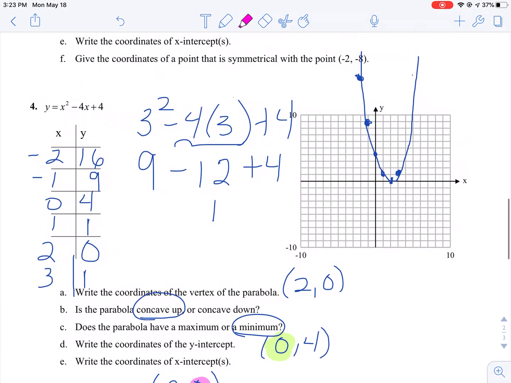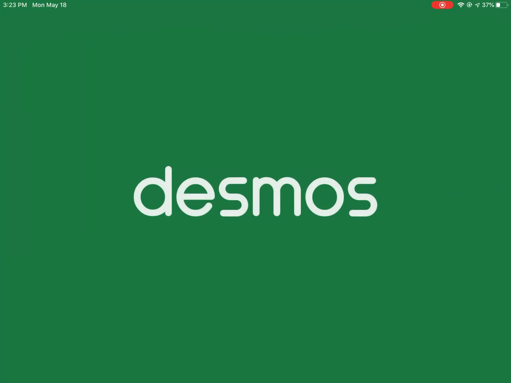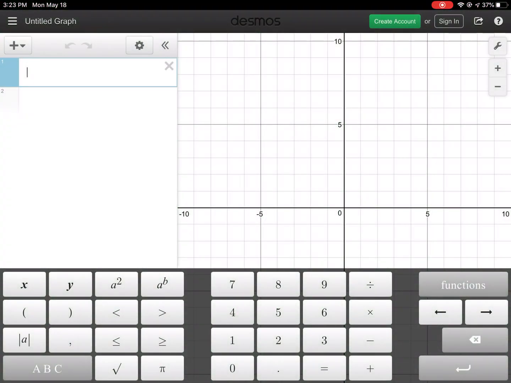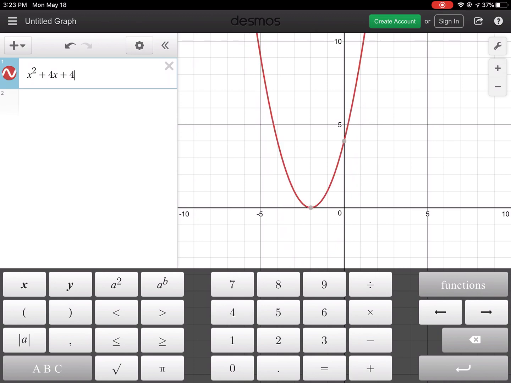Now, if this is all a little overwhelming, doing this on your own, type this into Desmos and get your table that way. So if I go over to Desmos, it's x squared minus 4x plus 4. I have x squared plus 4x plus 4, is that correct?